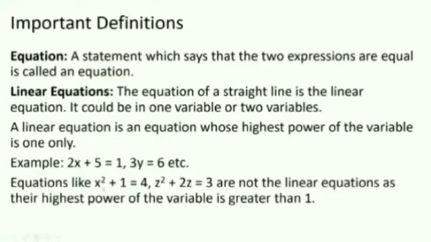Equations like x² + 1 = 4, z² + 2z = 3 are not linear equations. Why? Because here the power of x is 2 and here the power of z is again 2. If it is 3 or 4, any number greater than 1, then such equations are not called linear equations.